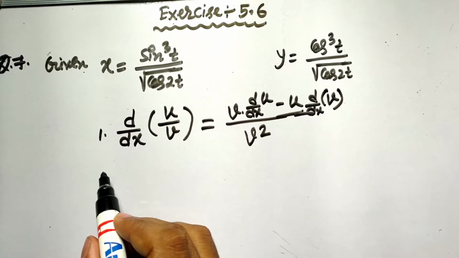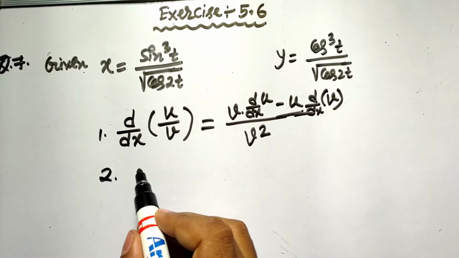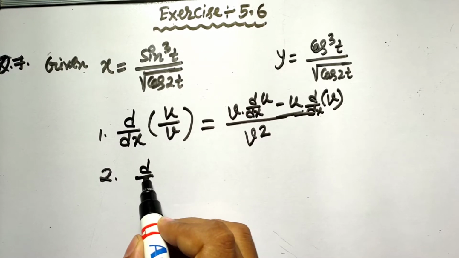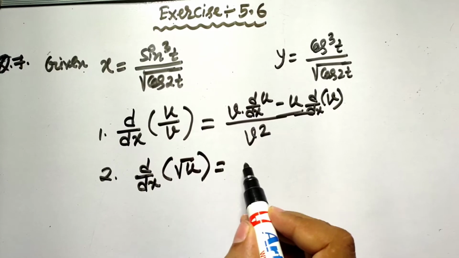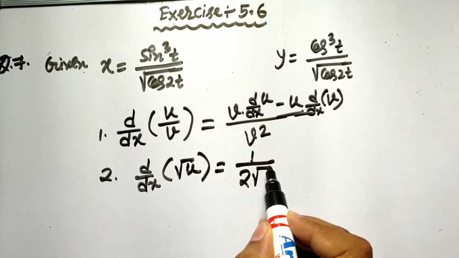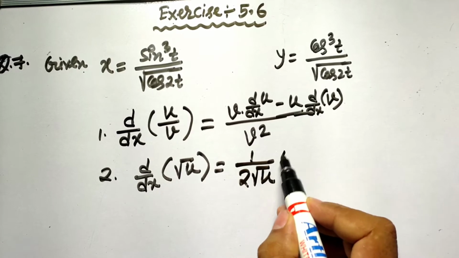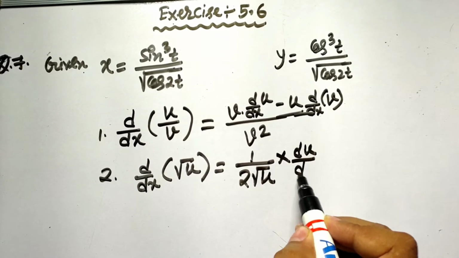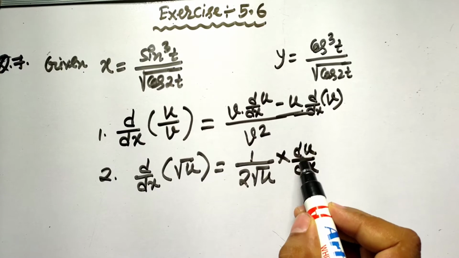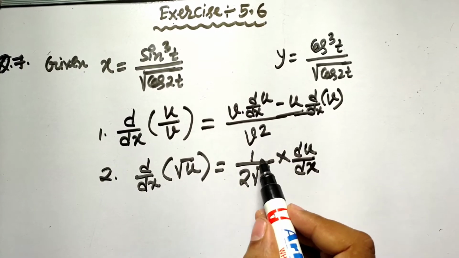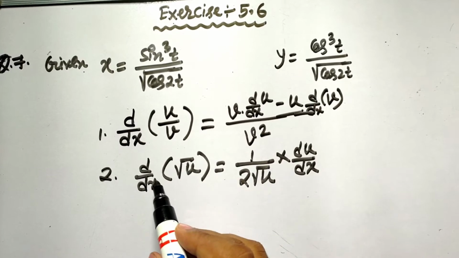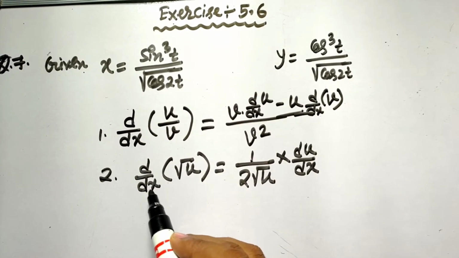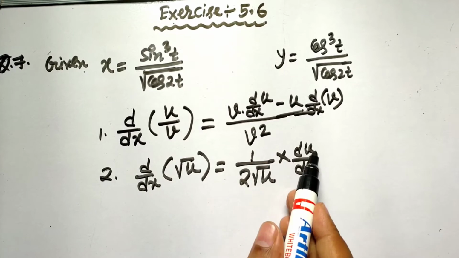Next we will use the derivative of root under u, which is 1 by 2 root under u into derivative of u, because I am doing it with respect to x, so you have to differentiate u also.